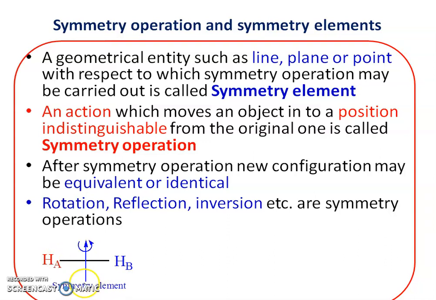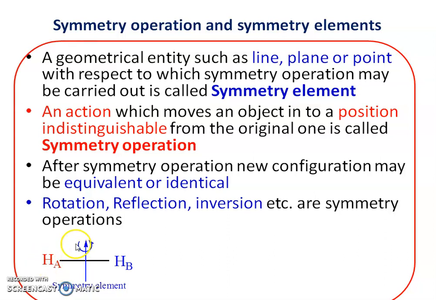Now at the center of this covalent bond, suppose there is one line, an axis, and along this axis the molecule is rotated through 180 degrees. After 180 degree rotation, HA will come to the right side and HB will go to the left side.